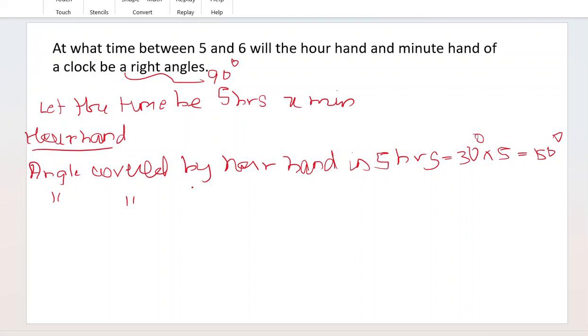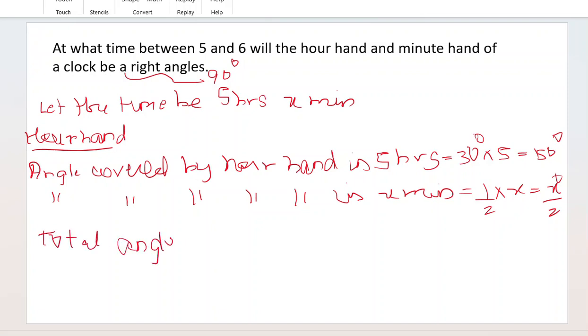Next I do the angle covered by the hour hand in x minutes. This will be half into x, which is equal to x by 2. Then I take the total angle, that will be equal to 150 degrees plus x by 2.